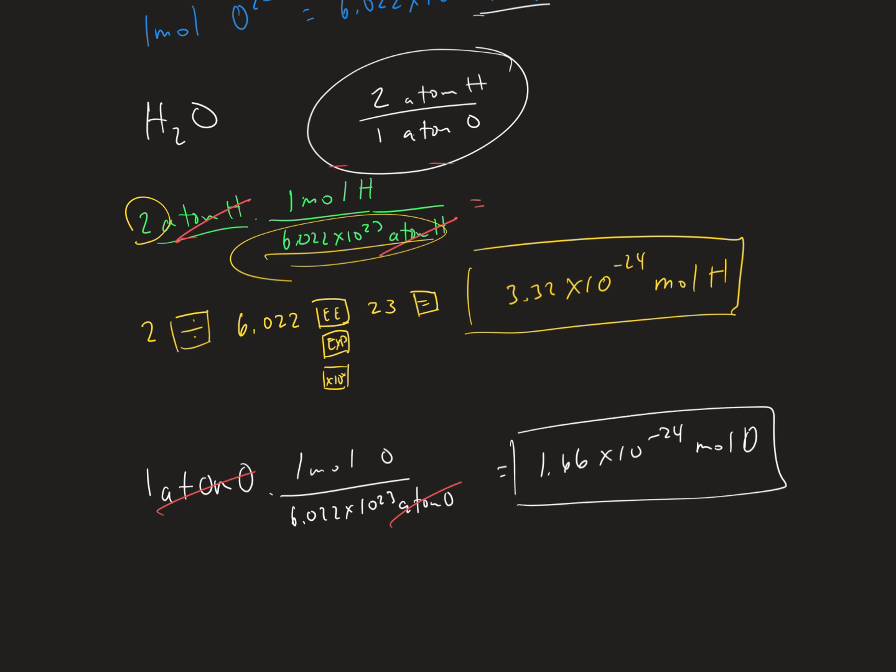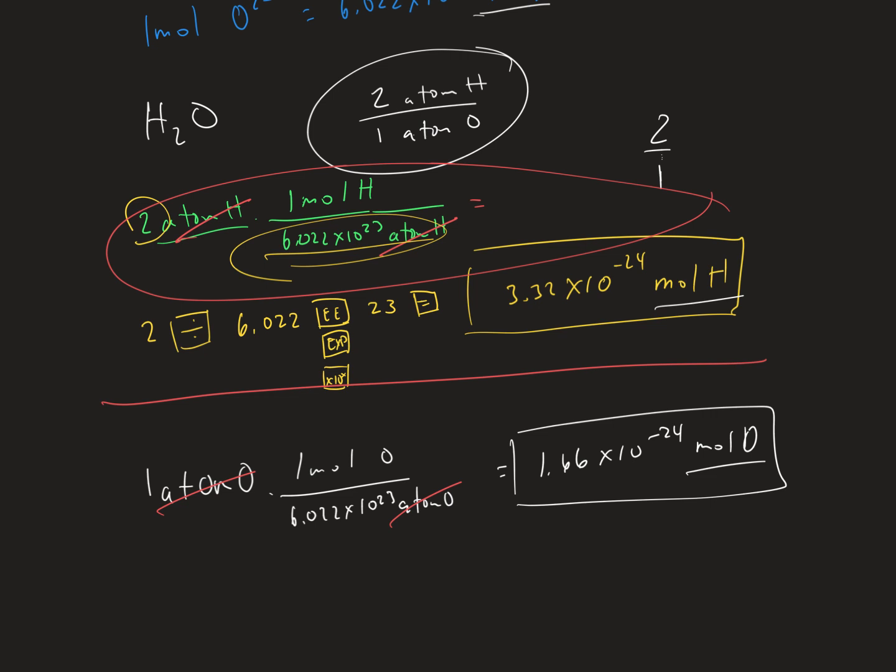You with me? So what's the ratio of atoms of hydrogen to atoms of oxygen? 2 to 1, right? What's the ratio of moles of hydrogen to moles of oxygen? Well, let's see. Isn't it the same as this one divided by this one?